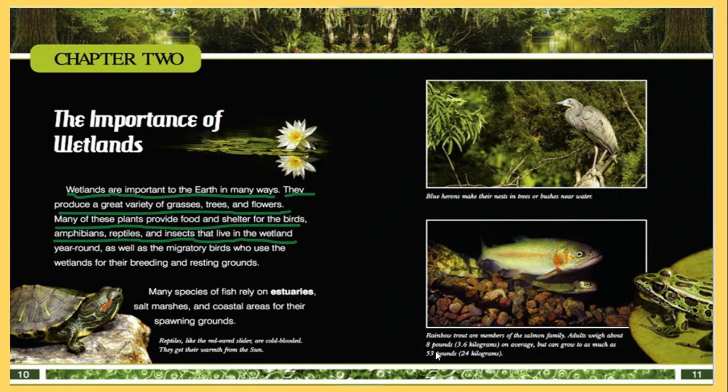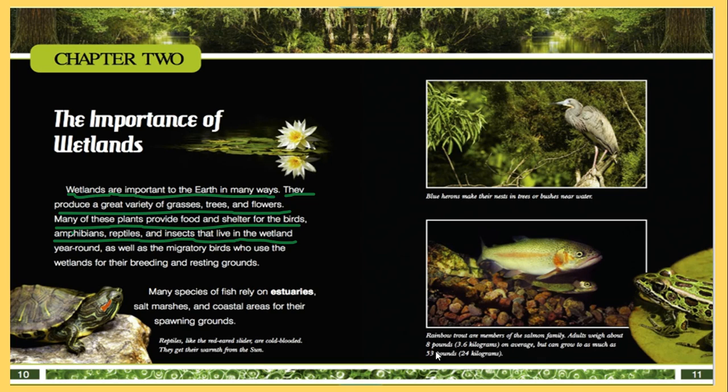The first thing I did was I went back to the resources that I used to read about. Here, I underlined in green some details that I saw that were similar in both resources. I underlined wetlands are important to the earth in many ways. They produce a great variety of grasses, trees, and flowers.